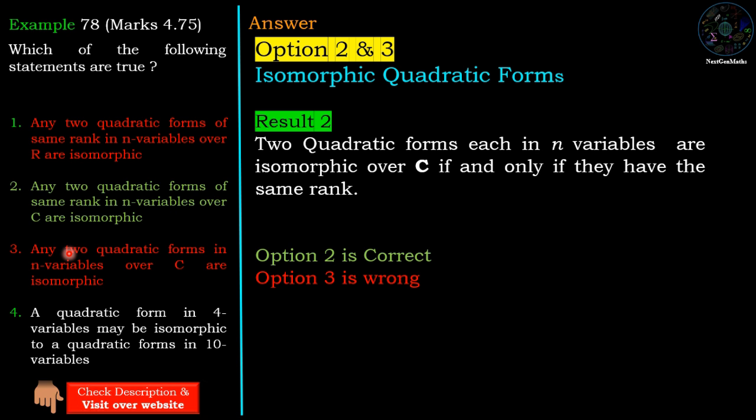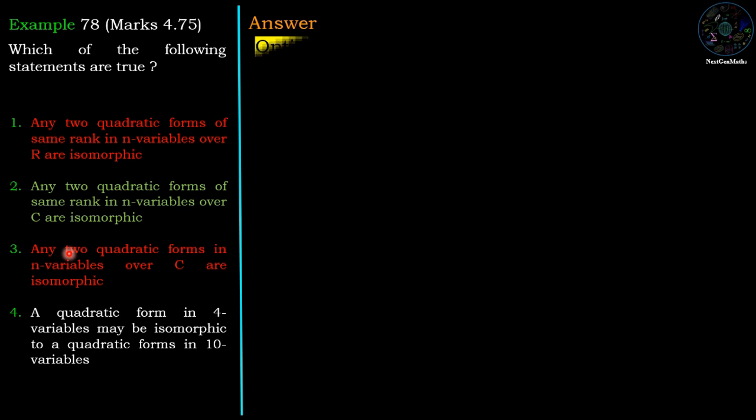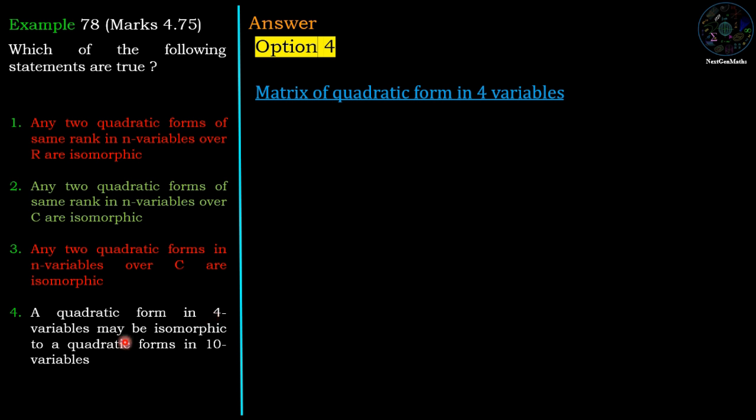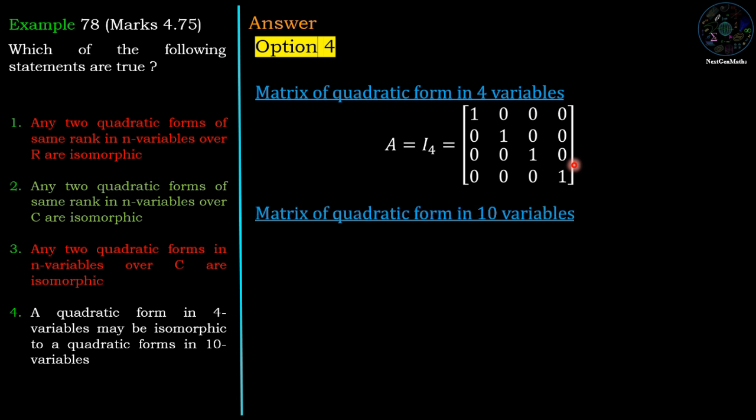Now option number 4, it is about the two quadratic forms: a quadratic form in 4 variables may be isomorphic to a quadratic form in 10 variables. So consider the matrix associated with the quadratic form in 4 variables. Suppose A is equal to the identity matrix. Now we consider the matrix associated with the quadratic form in 10 variables, which is B equal to I4.